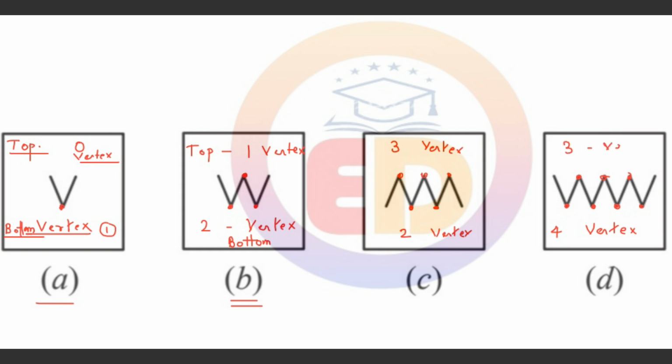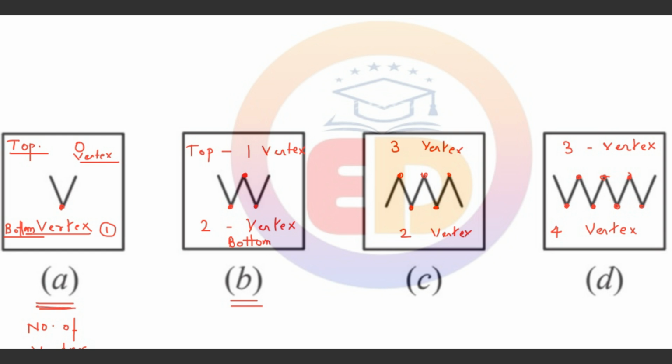Now we have discussed vertex in geometry, it is the corner. So if you look at the first figure, the number of vertex at the bottom is greater than number of vertex at the top.